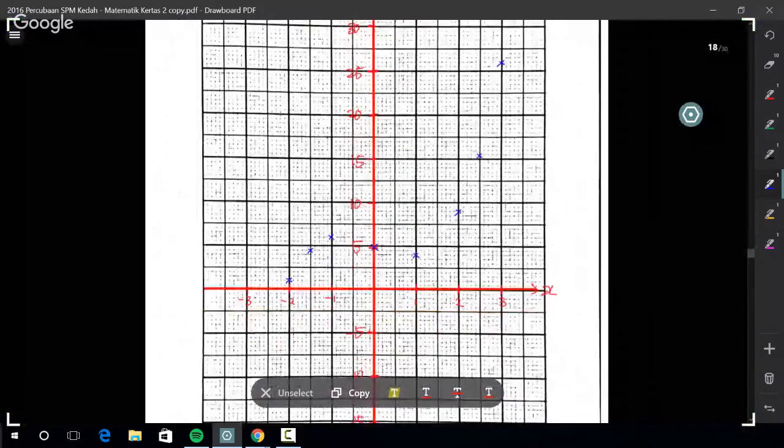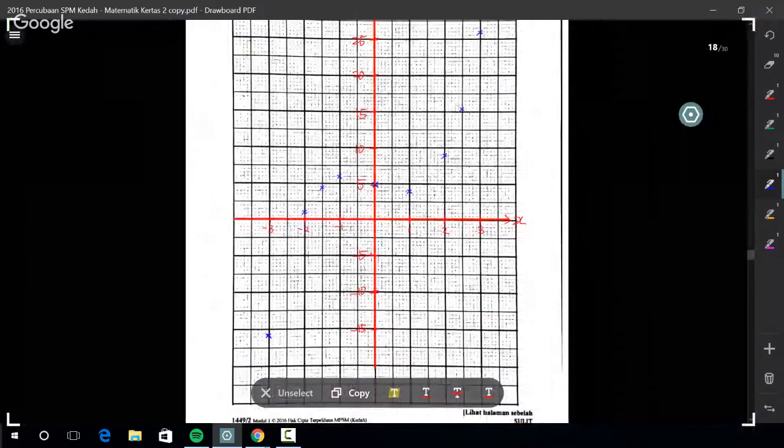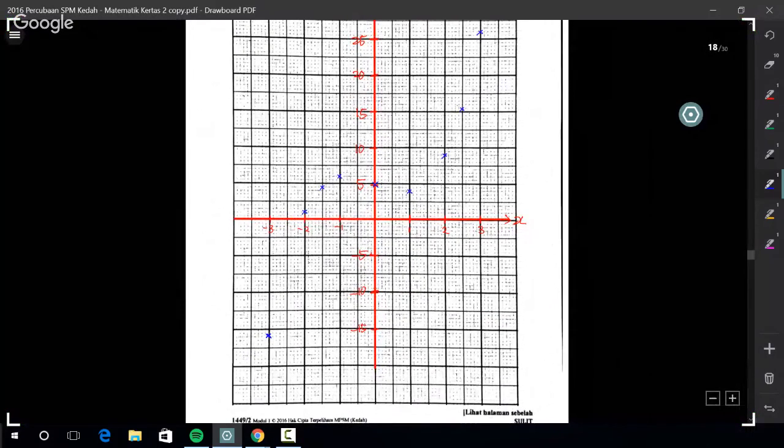Of course, I will actually draw it. Okay, I draw it here. Actually, it's super hard for me to draw on the screen, but I just do my best. Okay, this is terrible.